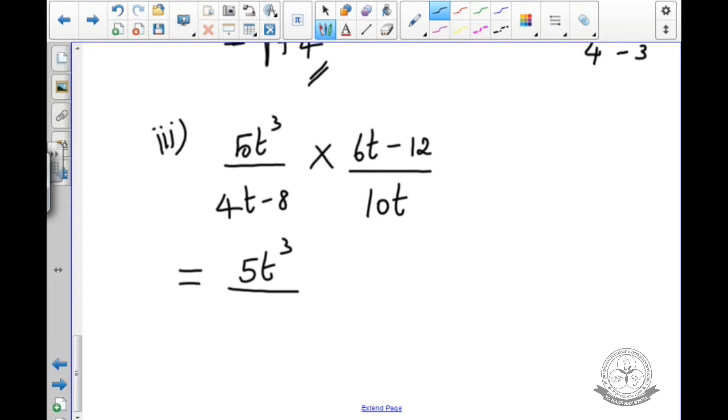In the denominator here I can split, I can take out the 4. So if suppose I take out 4, the remaining term t minus 2 into, here also I can take out 6. If suppose I take out 6, the remaining term t minus 2 divided by 10t.